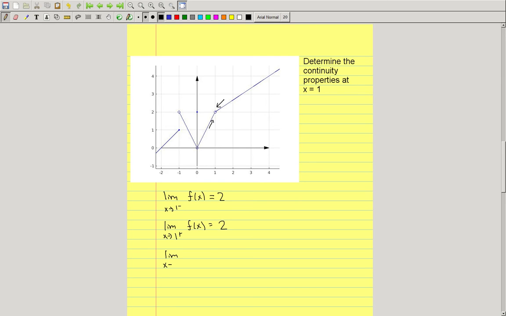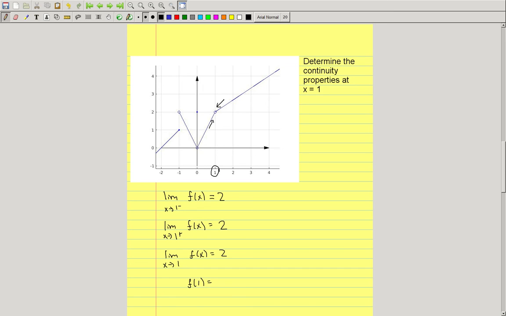Because our two one-sided limits agree, we're allowed to say that our two-sided limit, the limit as x approaches 1 of f of x, is equal to 2. So our limit exists. However, we see that there are no values that the function assumes when x is equal to 1.